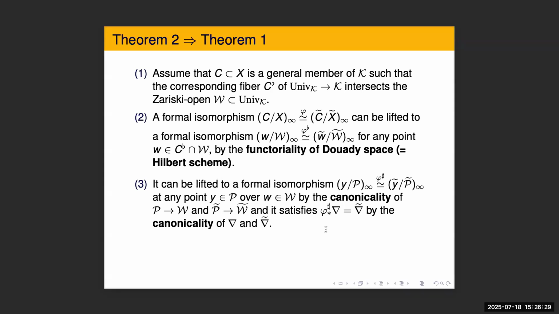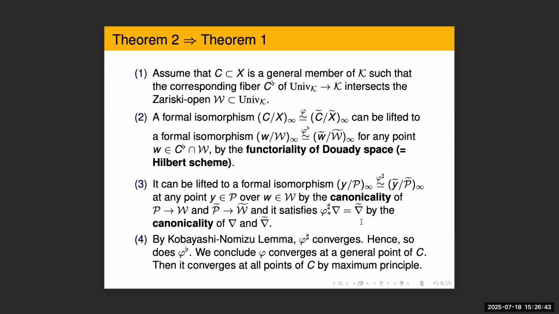So you follow this functoriality and canonicality so that everything can be lifted to some formal isomorphism which preserves the affine connections. So by the Kobayashi-Nomizu lemma, this converges. And then what's upstairs converges, so what's downstairs automatically converges. So this way you can prove that this formal isomorphism phi converges at a general point of the curve. Then it converges at all points basically by maximum principle.